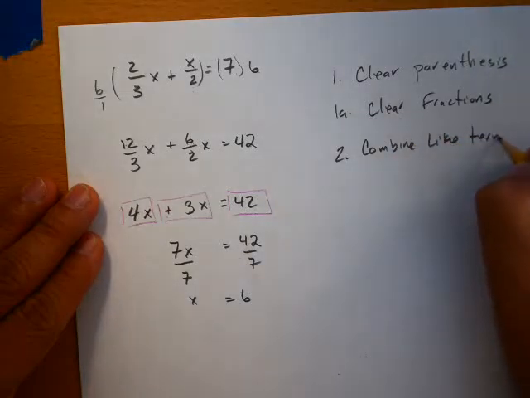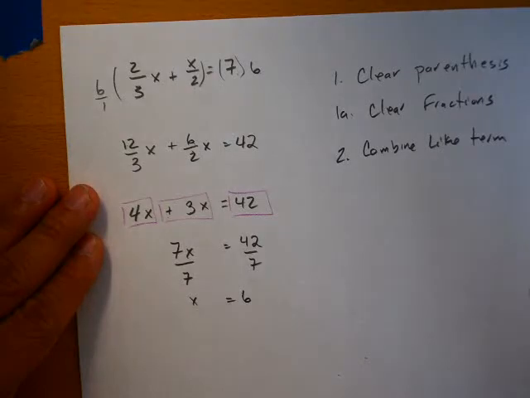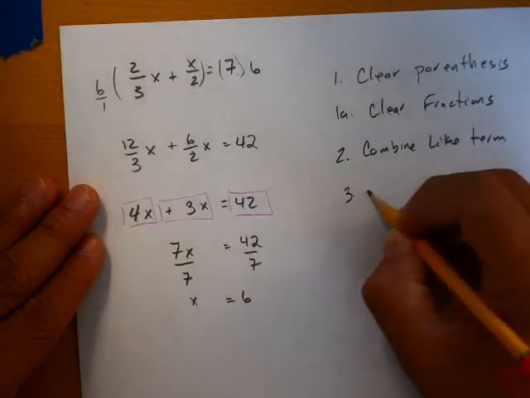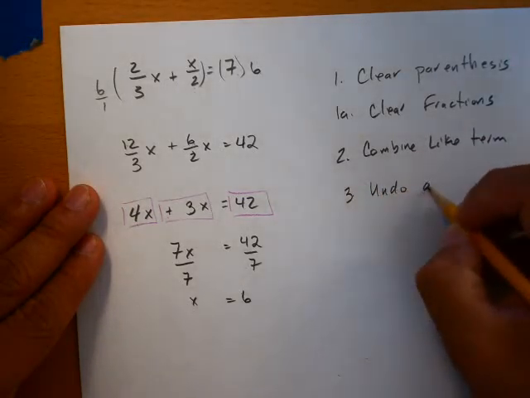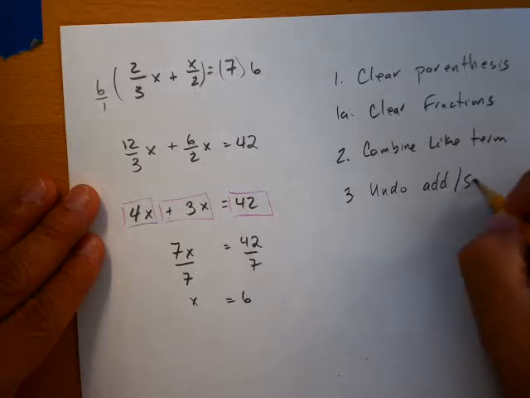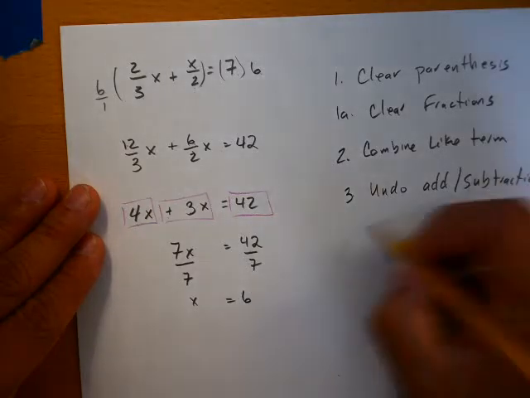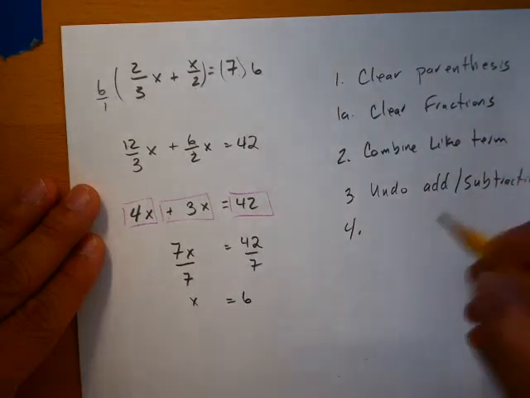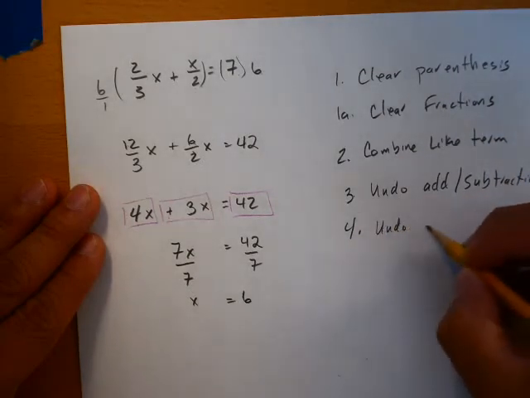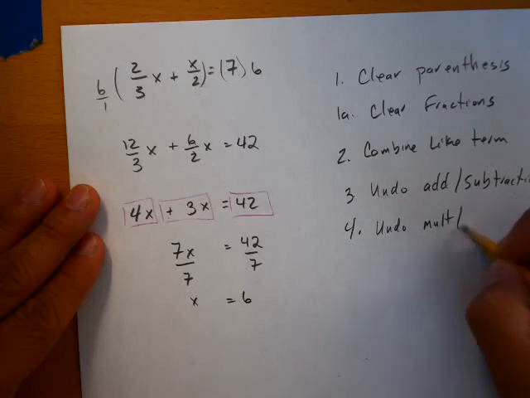Yep, yes we are. And once we've got that, we're going to undo the additions or the subtractions that are left behind. And then the last thing is we will undo the multiplications or the divisions in our problem.